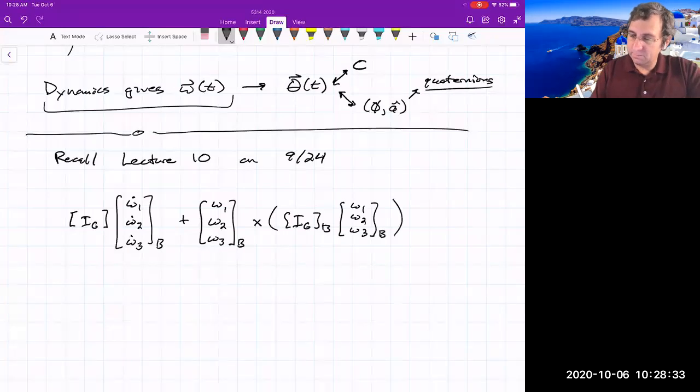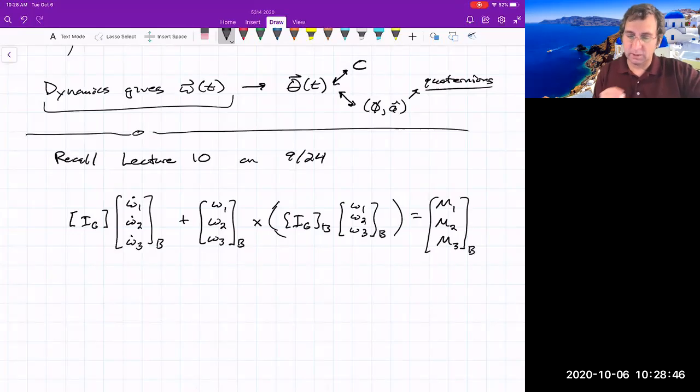Everything's in the B frame. And then this equaled the moments on the body about whatever our reference point is. In this case, we were using the center of mass G. Let me put a subscript B there. So hopefully you recall that.